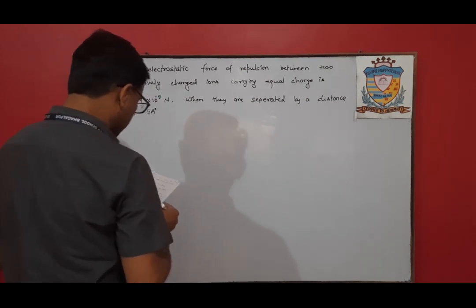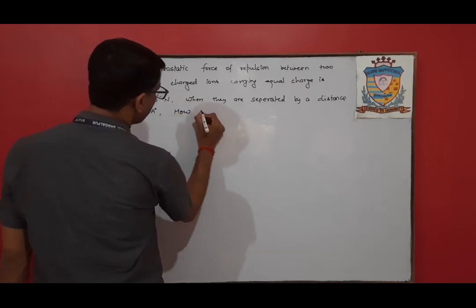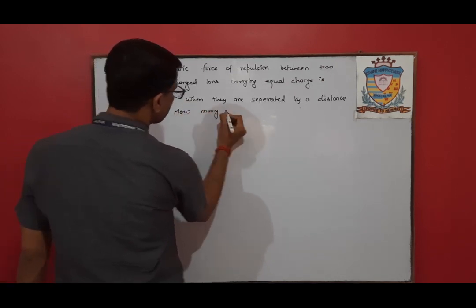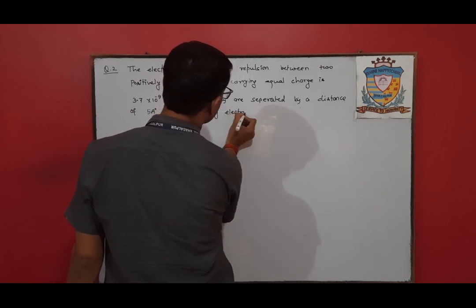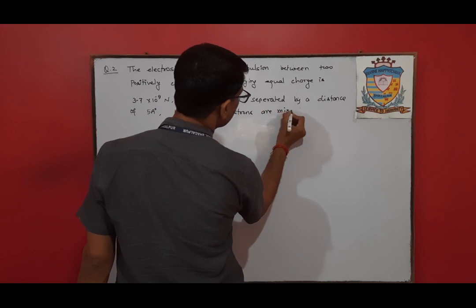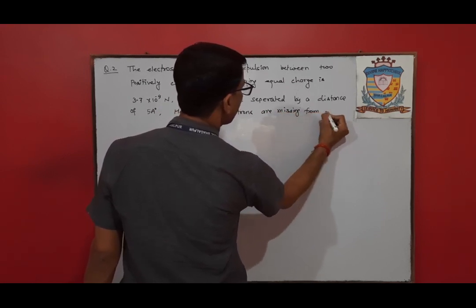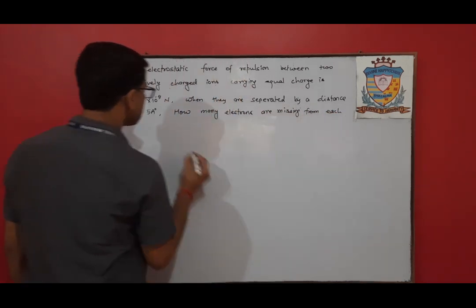How many electrons are missing from each ion?